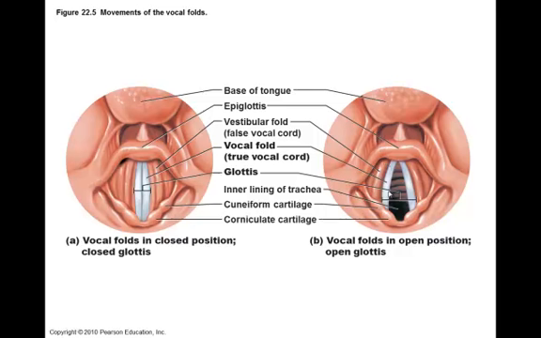They just help the vocal folds close. So we have to have our glottis open and air rushing past our vocal cords for sound to be produced. If air rushes up and hits a closed glottis, it sounds more like a hiccup or a cough. That's what that sounds like.